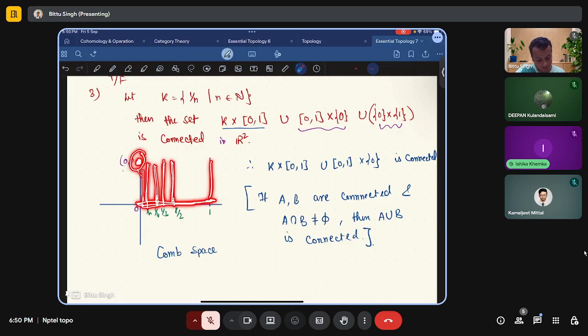It is clear. But the thing is that there are lots of branches. There are lots of lines like this. So this density will create the problem. If only finitely many vertical lines are allowed, then it is clear this is not connected.